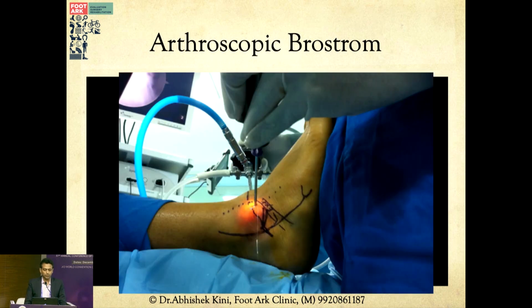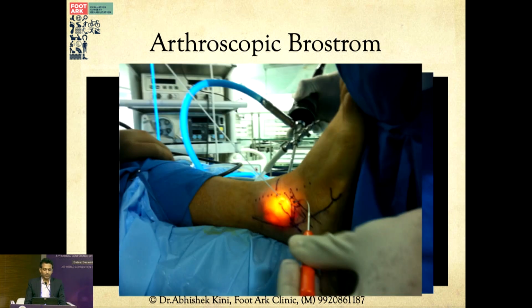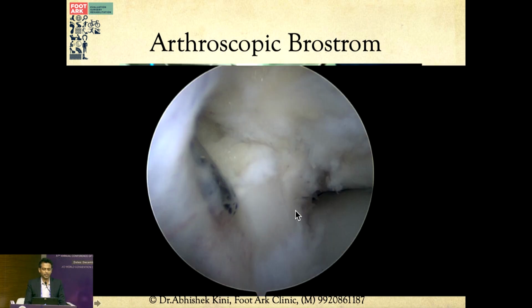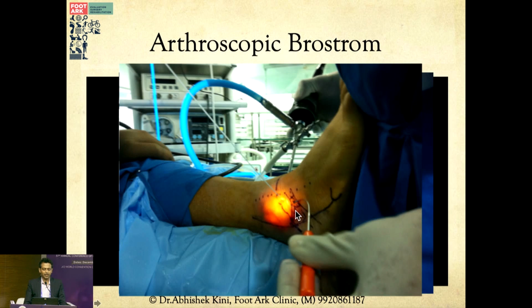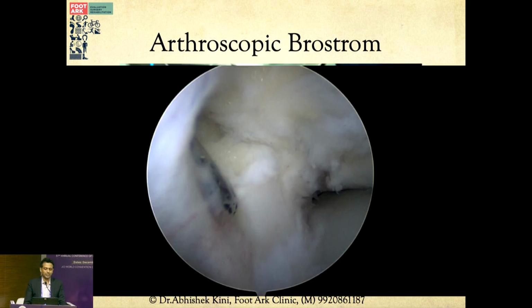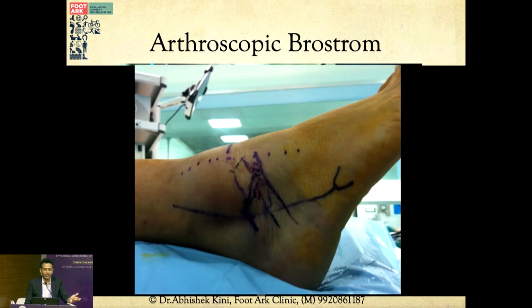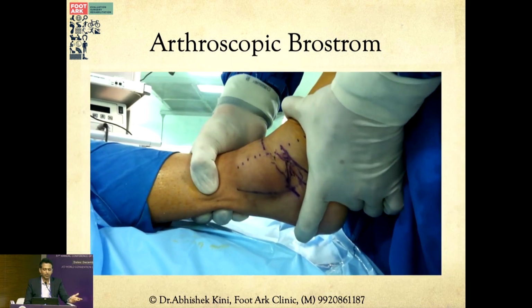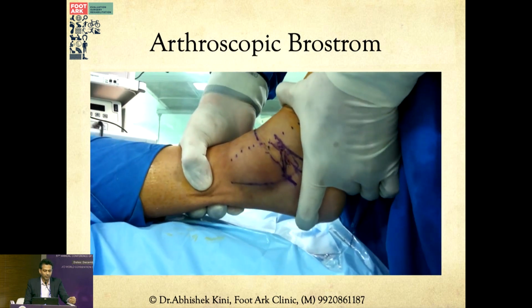You use suture passing techniques, pass it through the ATFL and the inferior extensor retinaculum. And then as you tie the knot, it's like how you do a Bankart's repair, or how sir has been doing a Bankart's repair. You get the whole capsulo-ligamentous complex back attached onto the footprint. And this is what it is. On-table drawers is negative.